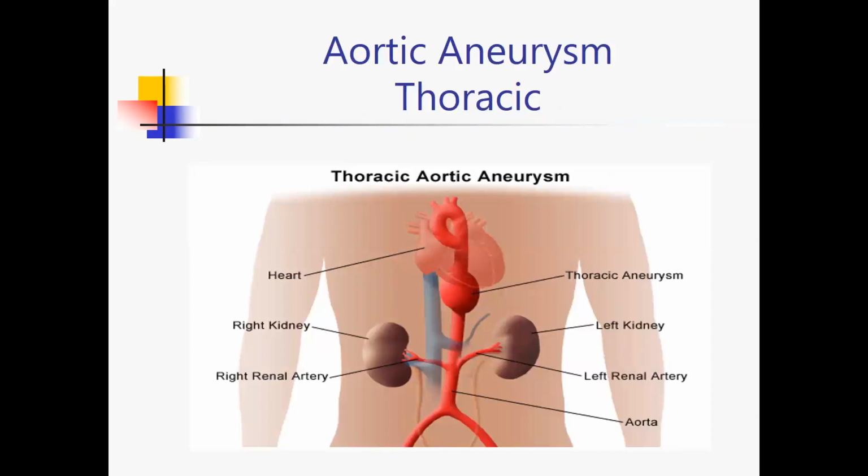Aortic aneurysm in the thoracic region. So note here the anatomical regions in that area. The aorta roots itself from the left ventricle, where blood is ejected from the left ventricle out the aorta. Lots of pressure, lots of squeeze.